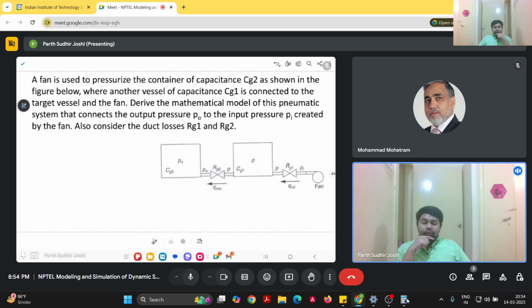There is a fan which is driving the air into these containers. The output pressure PO is the pressure inside the container, and the input pressure is PI because of the fan.